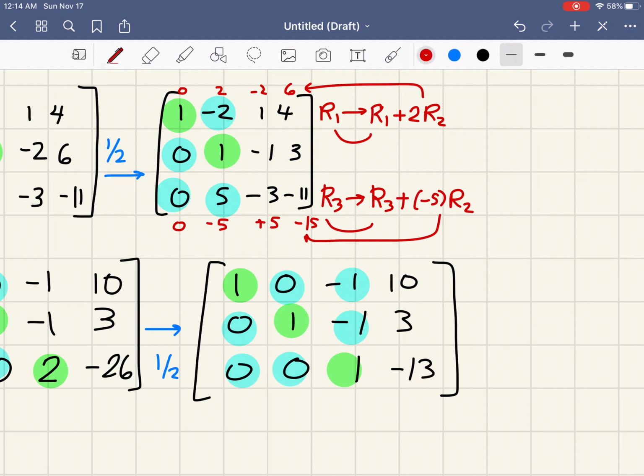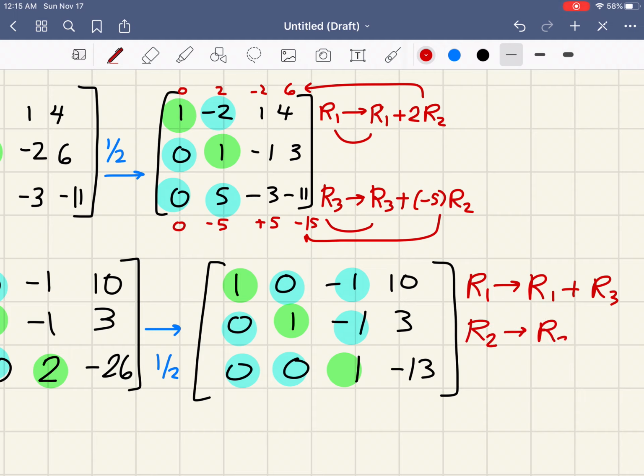Okay, so we got to replace row 1 by row 1 plus, well, if I just add row 3 as it is, it'll zero out this element. So I'm just going to add row 3. Same with row 2.